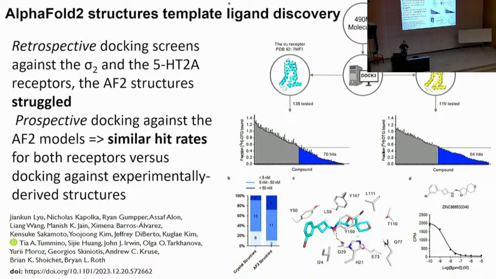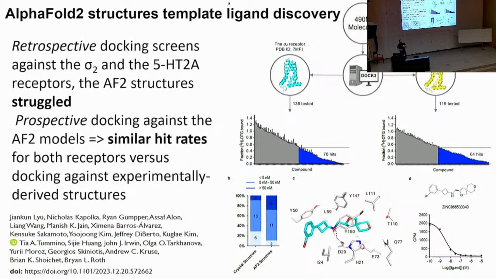But there is a really interesting study from Brian Shoichet's lab where they did not do retrospective docking, so basically redocking back into the AlphaFold structure and saying that it's for nothing, but they did prospective docking. So they docked into AlphaFold, and then from the selected hits, they analyzed experimentally whether those hits are good or not.